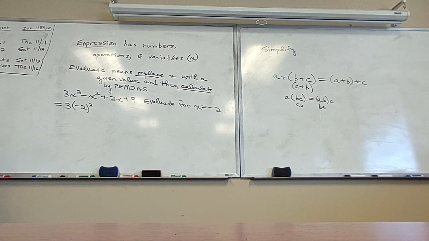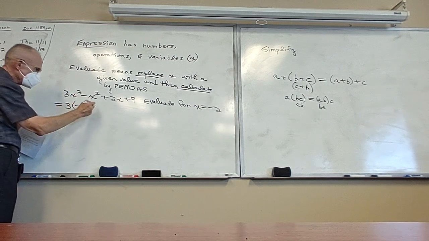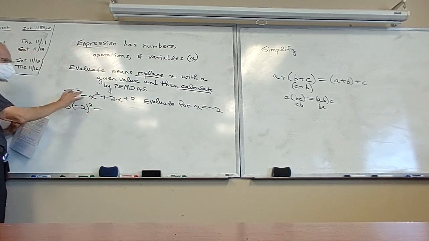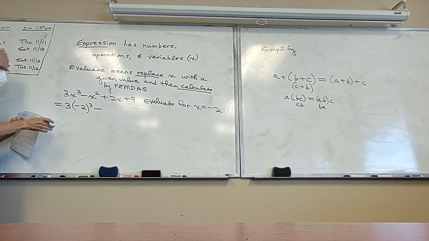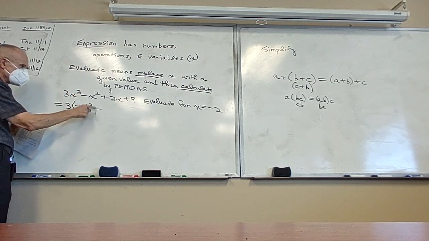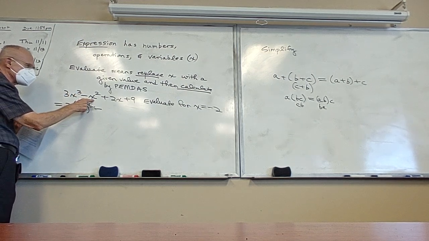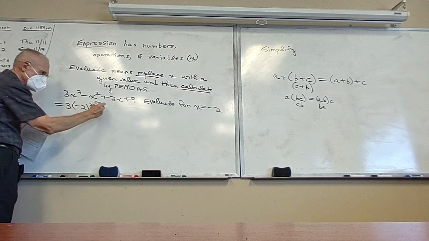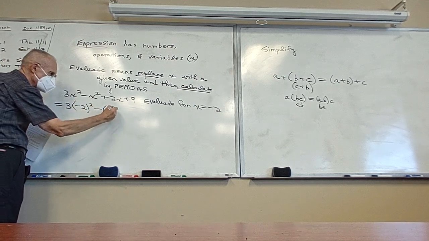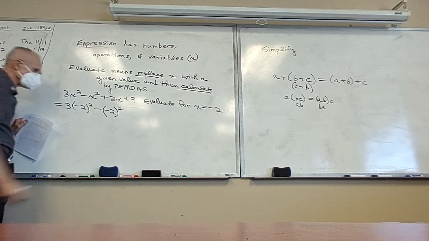Or otherwise it'll just look like only the 2. The whole -2 is being cubed. Okay, now, this minus. The biggest mistake people make on this is signs. This minus, copy it. Now, this x again is being replaced with -2, so you gotta put parentheses, -2 squared.